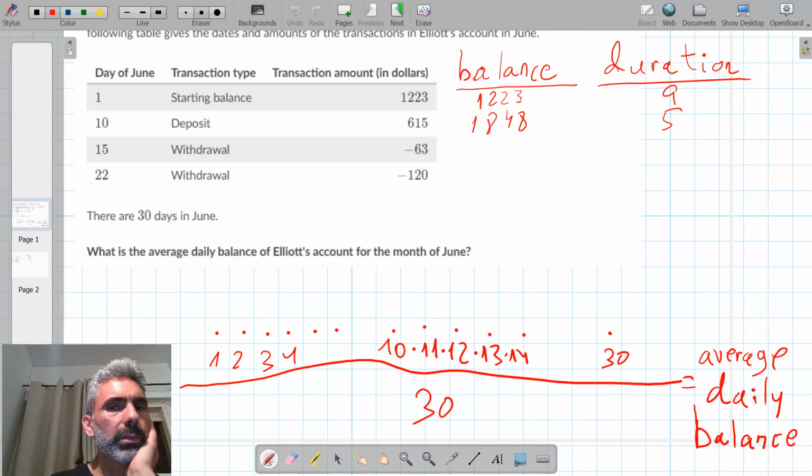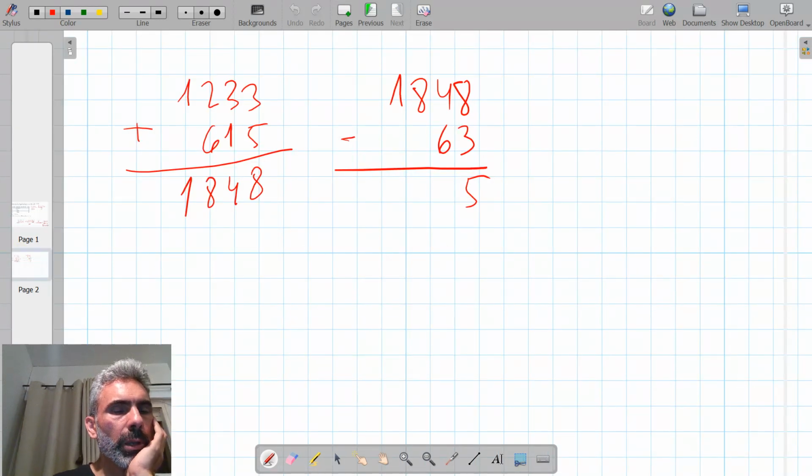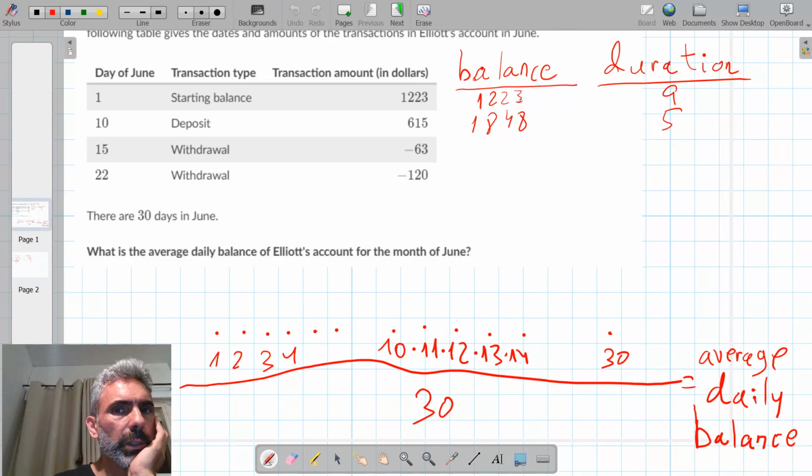Again, I made a typo. When I copied the sum 1,223 to this page, I copied it incorrectly. I copied 1,233 because the real sum is 1,223.